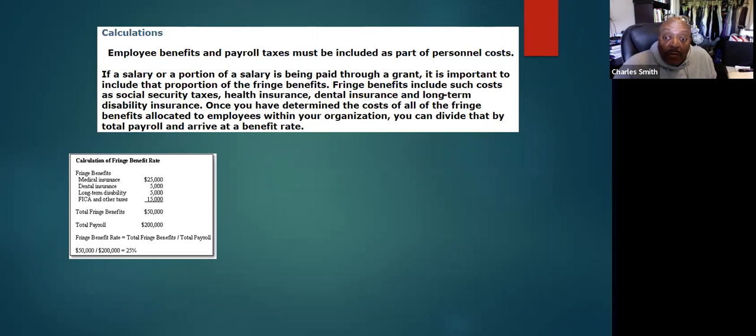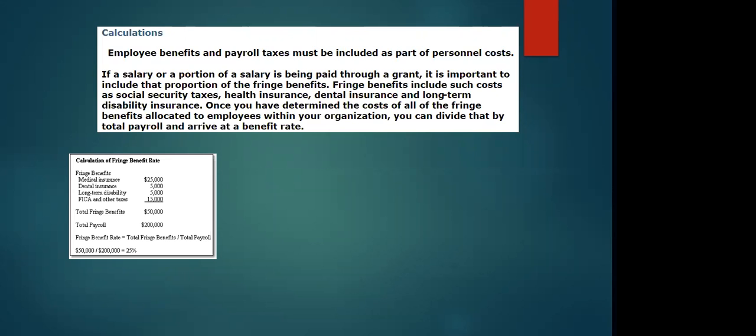Fringe benefits include such costs as Social Security taxes, health insurance, dental insurance, and long-term disability insurance. Once you have determined the cost of all of the fringe benefits allocated to employees within your organization, you can divide that by total payroll and arrive at the benefit rate. Now, any cost other than paying that person's salary is called fringe benefit.